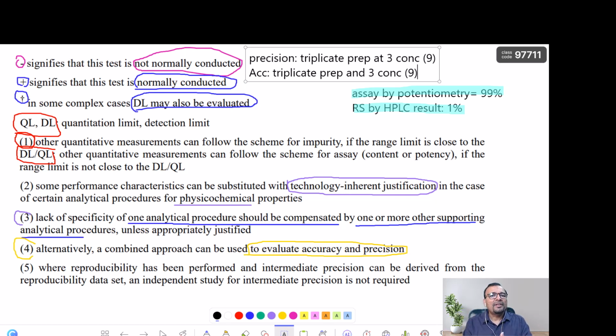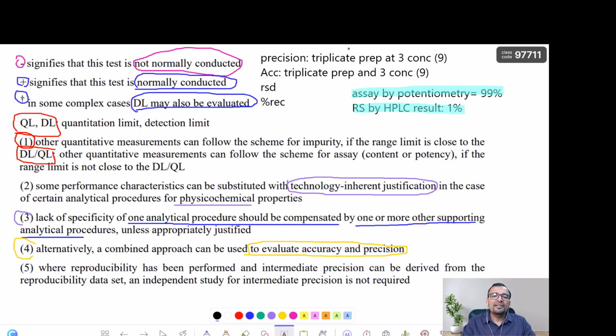And the same sample can be used for evaluating the accuracy also. The measurement parameters can be different. For precision, you may be using RSD, and for accuracy, you may be using percent recovery. So use the same samples for evaluating percent RSD, and use the same sample for evaluating percent recovery. So you can save time if you combine the precision and accuracy. It is very much accepted according to the ICH as well.